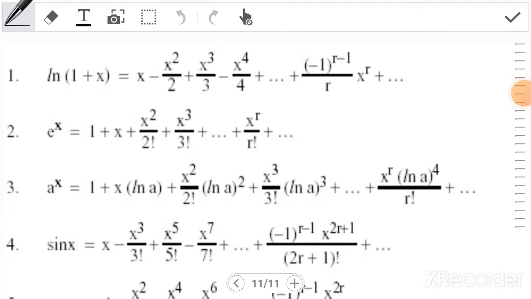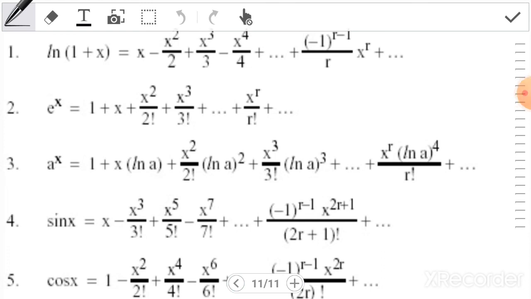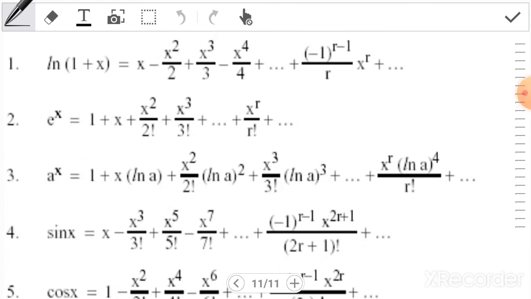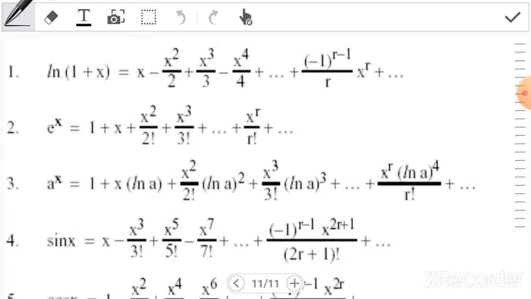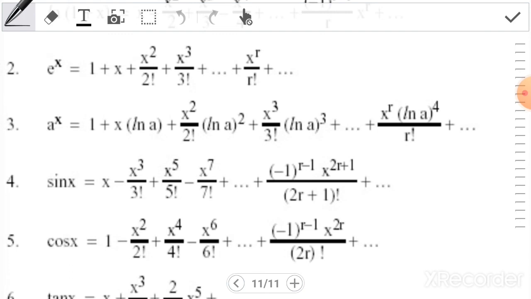Here is the important expansion of the known series. The expansion of these functions is required only up to the first few terms, so you must remember this. Okay. See, sin x is an odd function, so all the powers are odd, 1, 3, 5, 7, and so are the coefficients, and if the first term is positive and the second term is negative, then it will alternate, so plus minus.